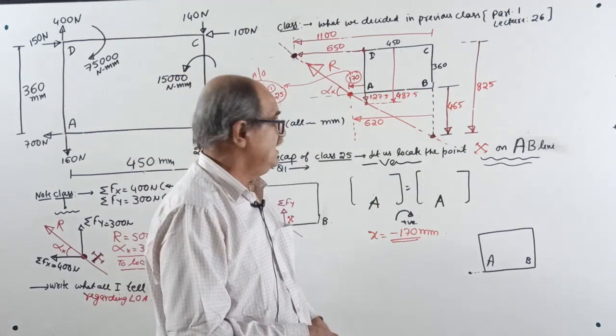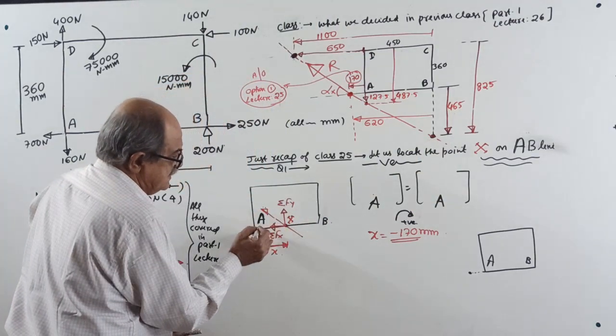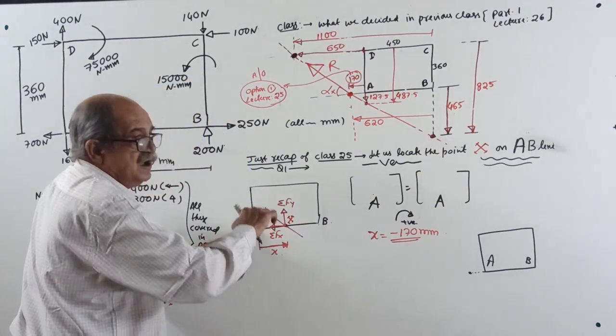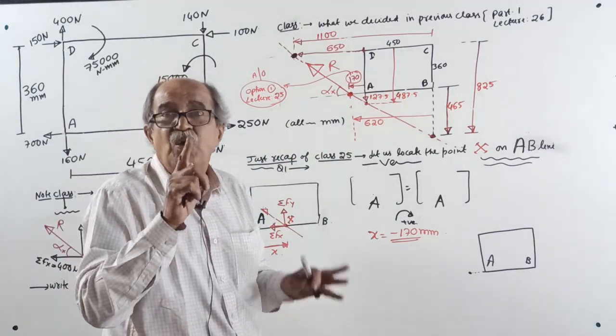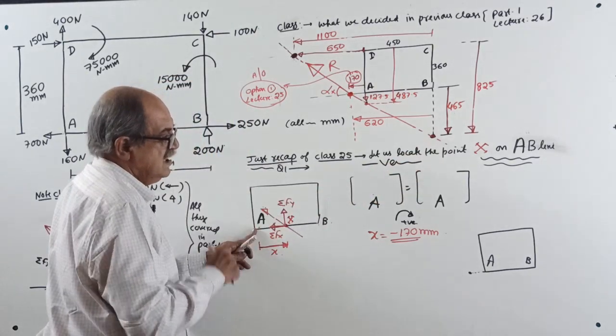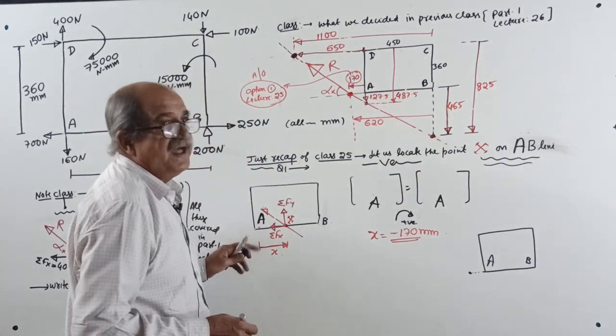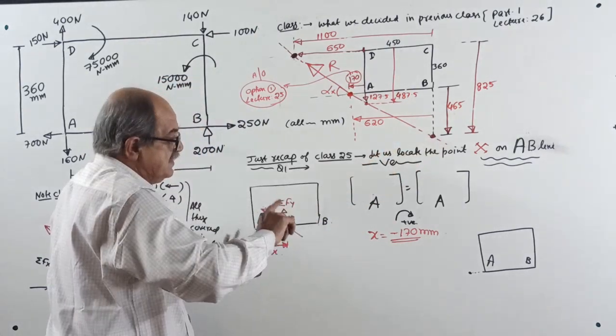Then the conclusion: we considered the point where the resultant cuts the AB line from A to the right side. See, don't memorize right side positive; that is how we considered it, to the right side. The answer came negative. That means point x is not to the right of A, it is opposite.